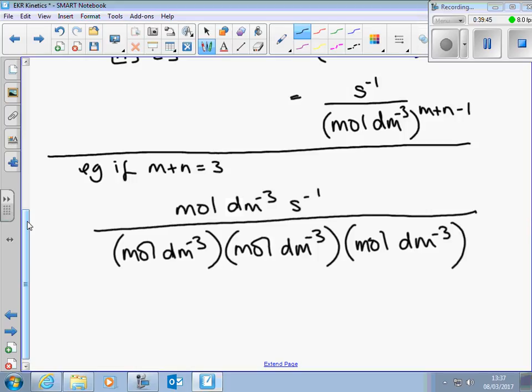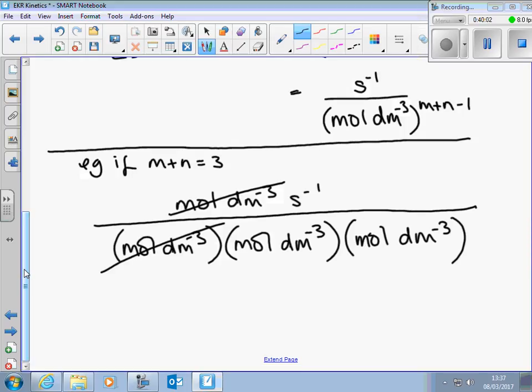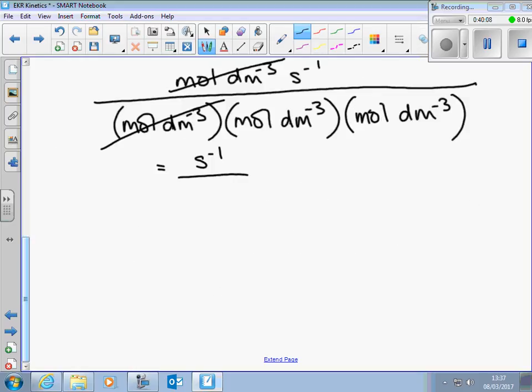So yeah, you can now see that if we were to cancel that with that, what we're left with is seconds to the minus 1 on top, and then moles per decimeter cubed to the power 2 now. So we lost one. It's M plus N minus the one that we cancelled out. So I've now got to complete that, haven't I? We've now got moles per decimeter cubed to the power 2 instead of the 3 that we had.